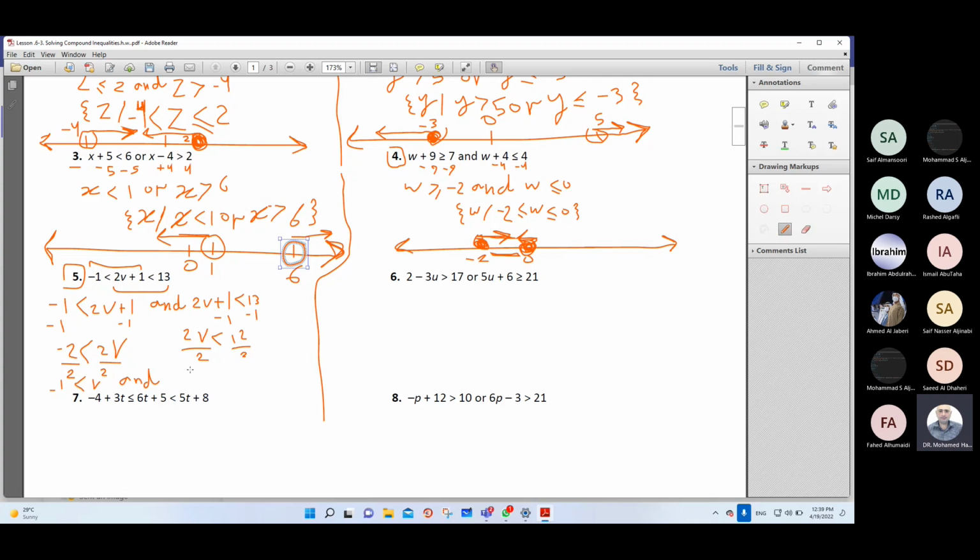So 2v divided by 2 will be v, less than 12 divided by 2 will be 6. Then the set of the solution, v such that v is between two values, v greater than negative 1 and less than 6.